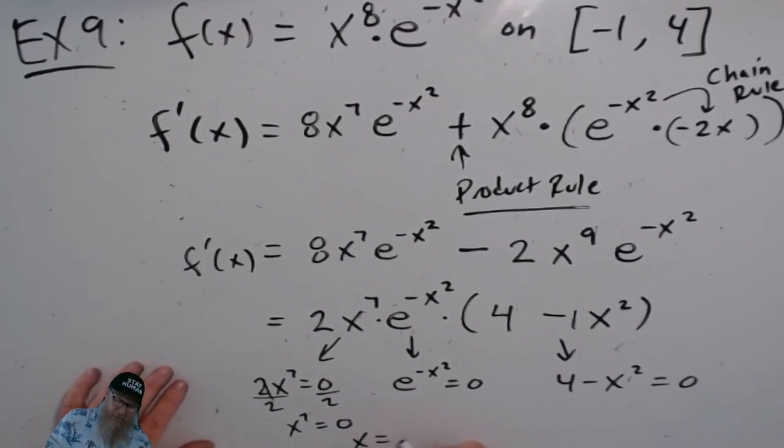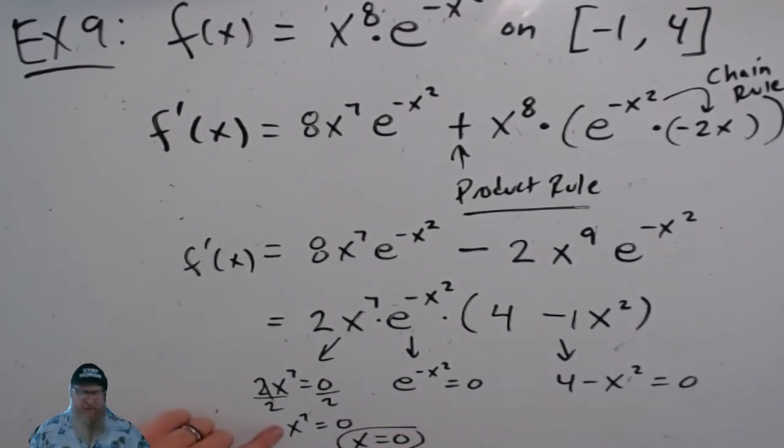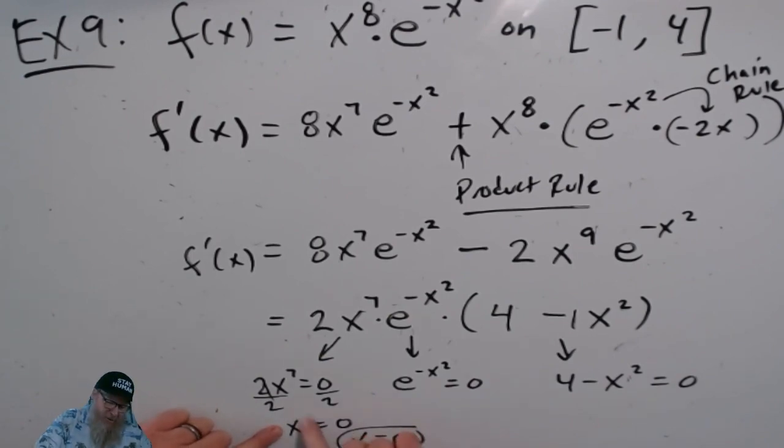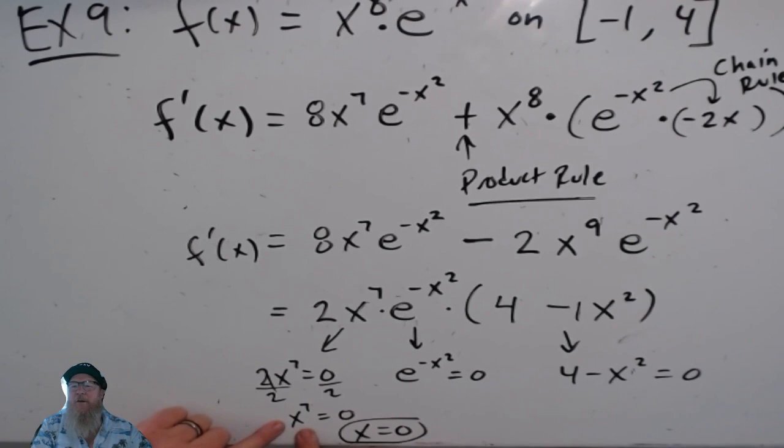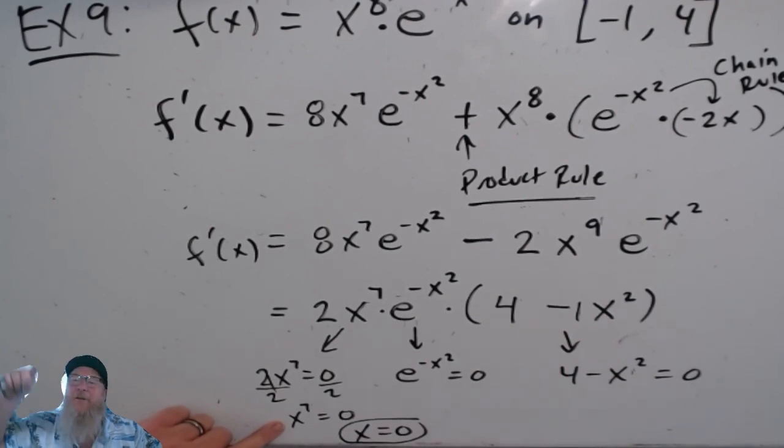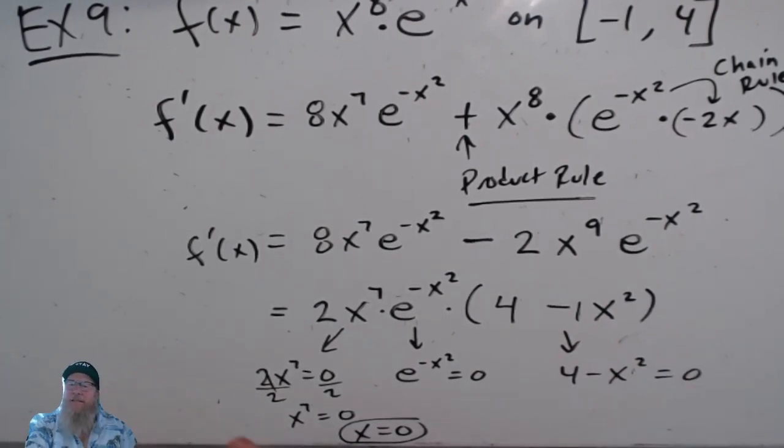So x is equal to 0. I'm not even going to show the step. If x to the 7th power is equal to 0, then the only way that could be 0 would be 0 times 0 times 0 times 0, 7 times. So that's taking the 7th root of 0, which is not even worth writing down. That's just going to be 0.